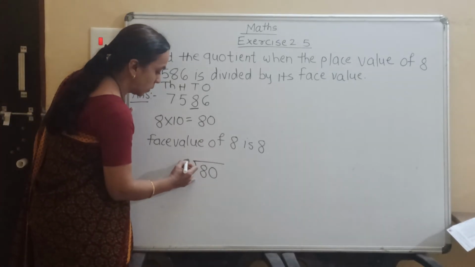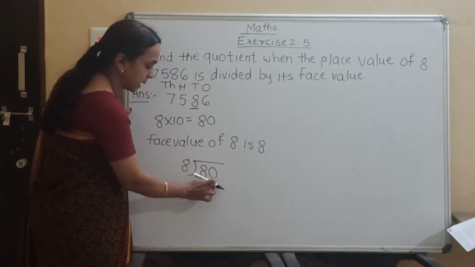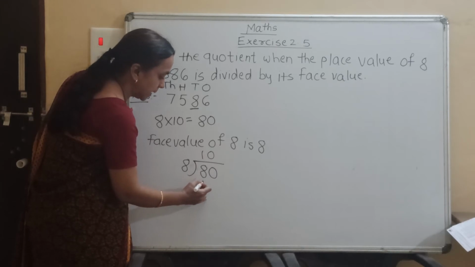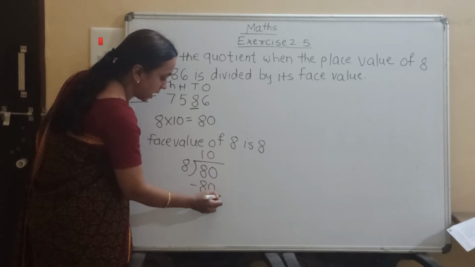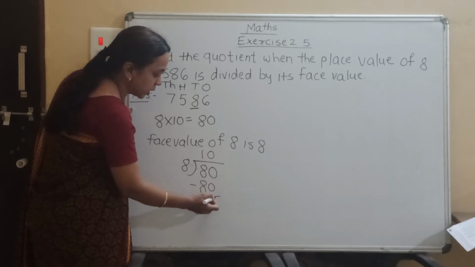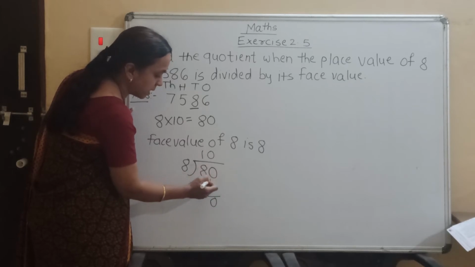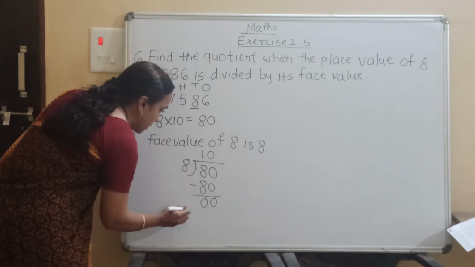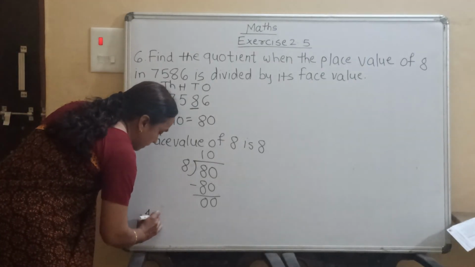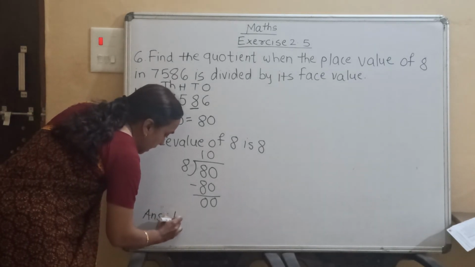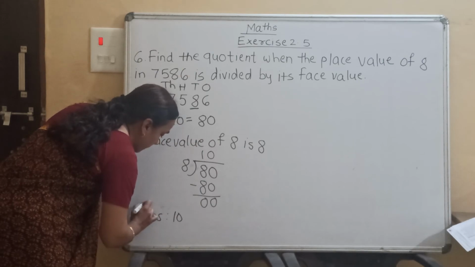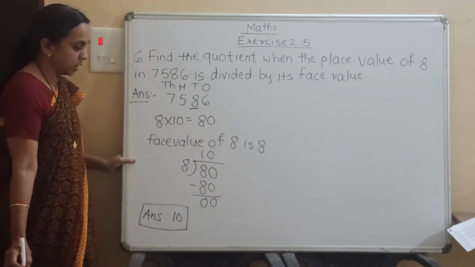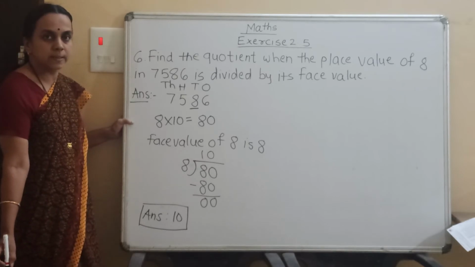Okay. So in the table of 8, 80 number is there. Yes. 8 tens are 80. So we can write down here 80. 0 minus 0, 0. 8 minus 8, 0. So what is our answer? Our answer is 10. So everything you complete in your notebook as it is.